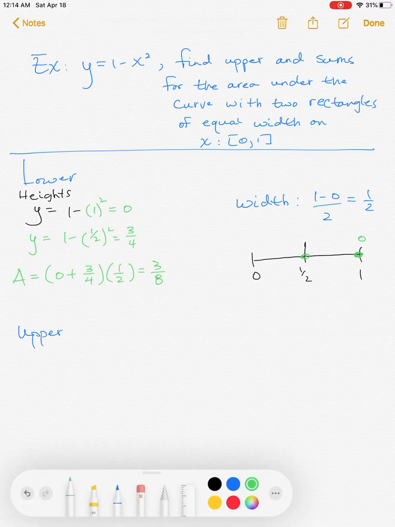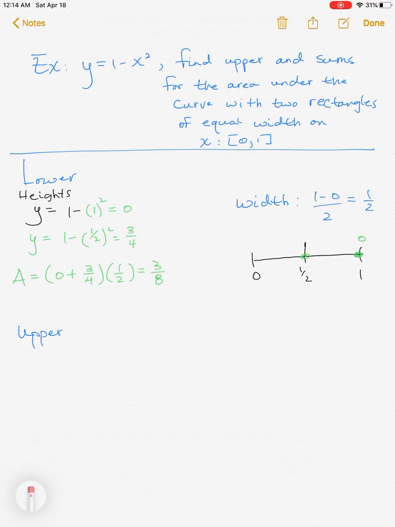Alright, I made a mistake there. Let's say we want the upper sum. Let's get the upper heights. y equals 1 minus 0 squared equals 1. y equals 1 minus 1/2 squared, and that is equal to 3/4.